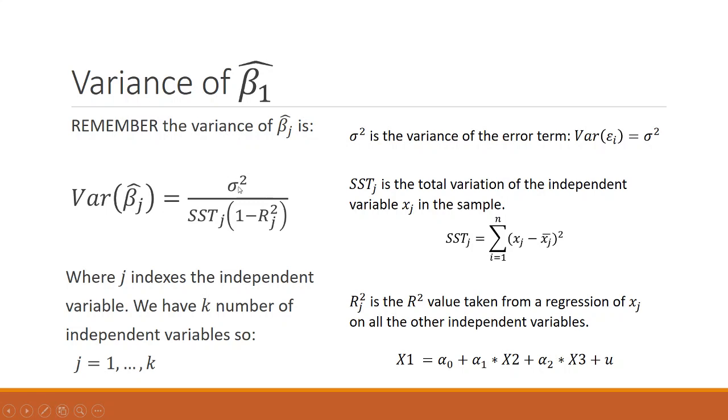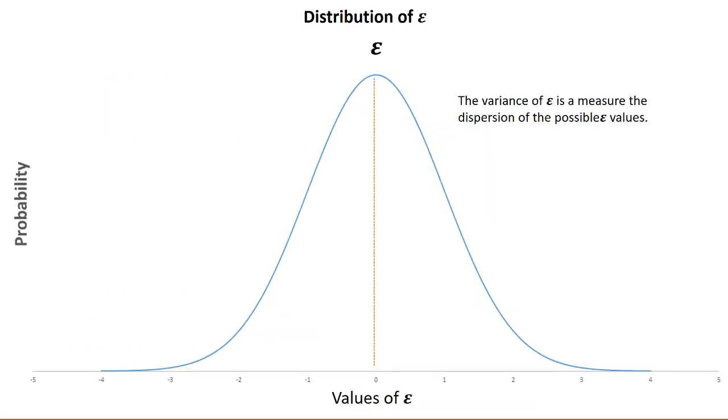So the variance of the error term is going to be very important to us. That's where the action is going to happen: what are the implications of this homoscedasticity assumption when we're estimating the variance of our coefficient?